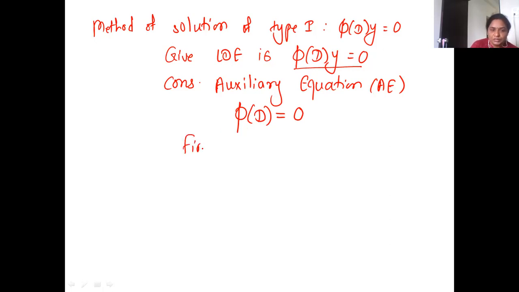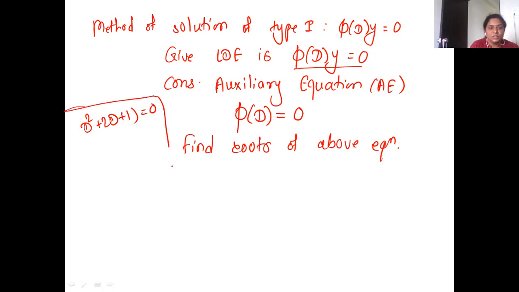Then find the roots of the above. Now, what is finding roots? Yesterday I told you, we have to find the values of D. We have seen one equation like D square plus 2D plus 1 equal to 0. If this is the equation, then we have a formula, which I told you: minus b plus minus root b square minus 4ac upon 2a.